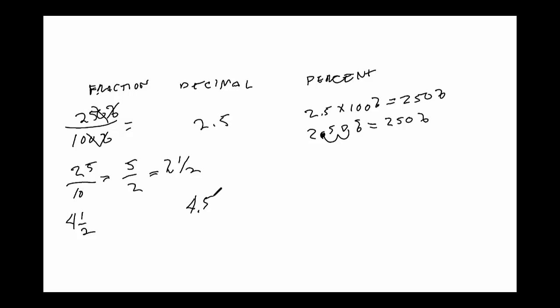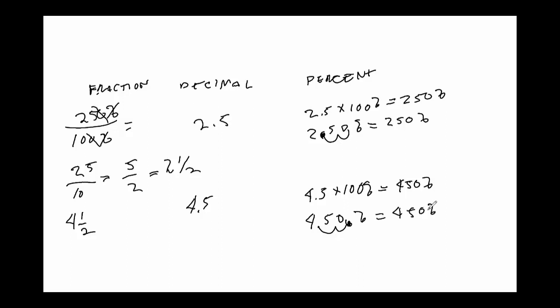And again, we do the percent the same way. We can take 4.5 times 100% and get 450%, or we can take the 4.5, move the decimal place over 2 spaces, and add the percent sign, and again, we get 450%.